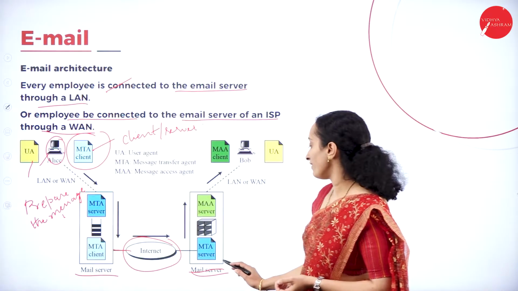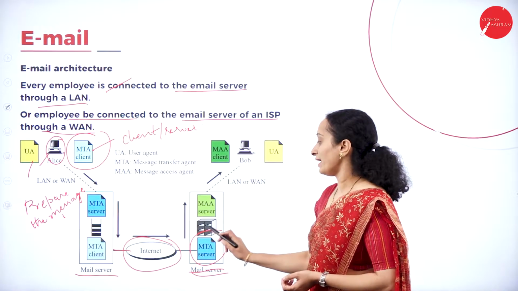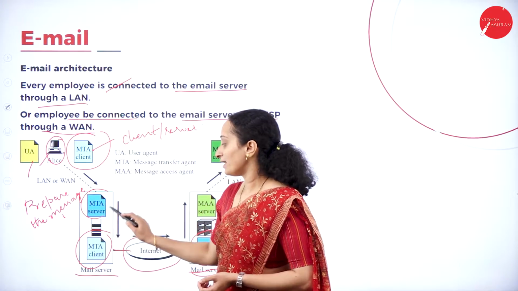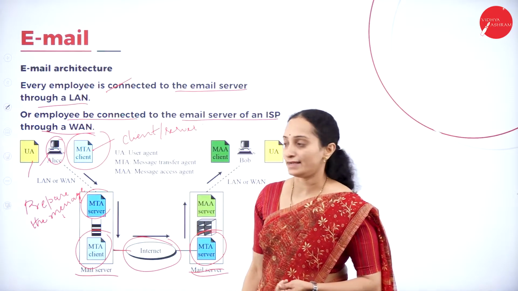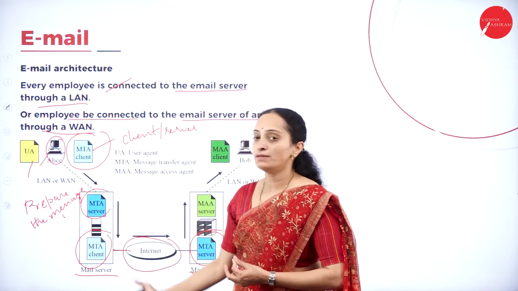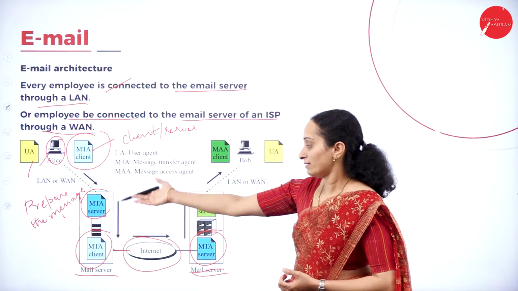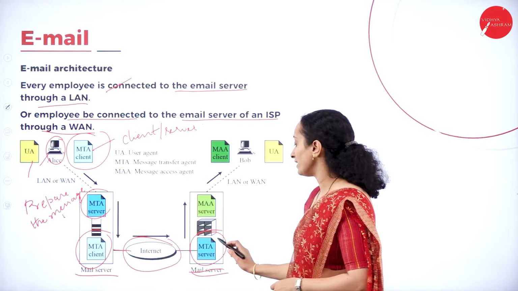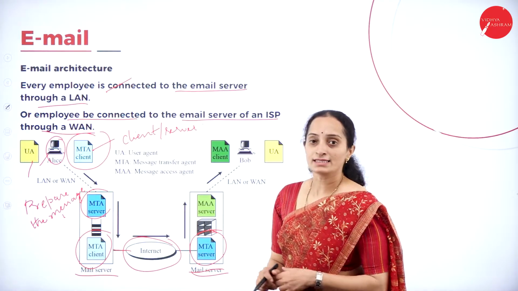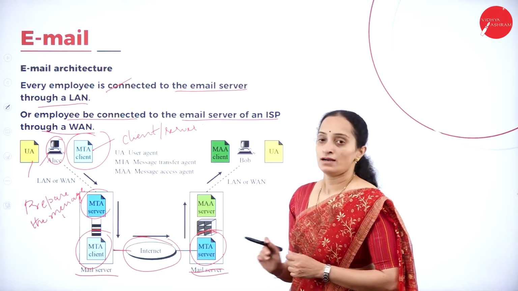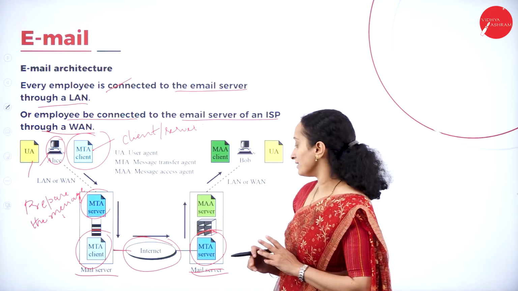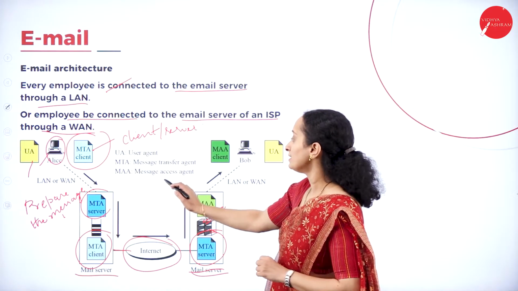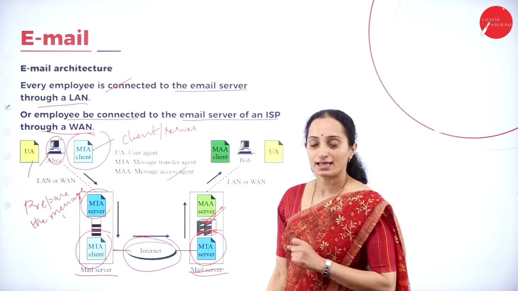Okay, at the receiver end, there will be an MTA server. Here we have the MTA client and MTA server. The message will be forwarded from the sender's MTA client through the internet. It reaches the MTA server at the receiver end and it will be given to the MAA server. It is the message access agent.